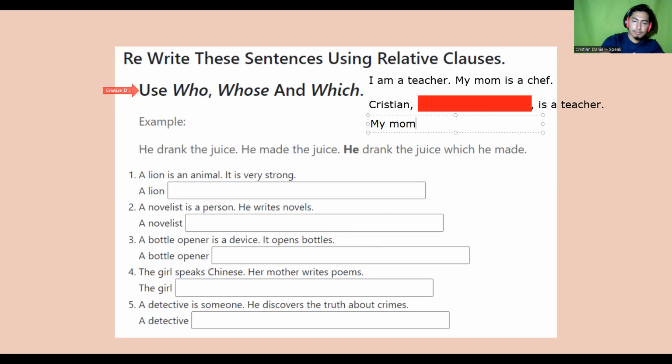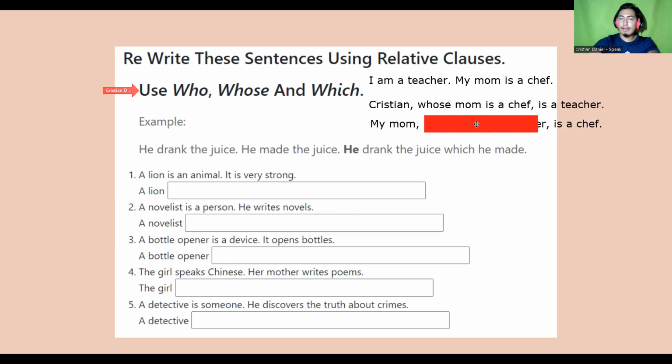Okay, now everybody, let's do it the other way around. My mom, whose son is a teacher, I am her son, is a chef. So let's do the same. Eliminate the non-defining relative clause.